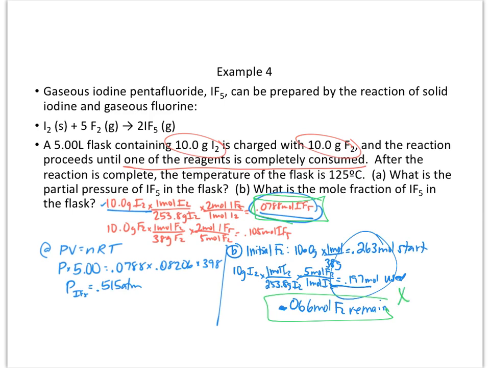So the mole fraction of IF5 is equal to moles of IF5, 0.0788 moles, divided by the total moles in the container, which is the sum of the 0.0788 moles of IF5 and the 0.066 moles of fluorine gas. So that's 0.1448 moles total. When I do that calculation, it is 0.544. There are no units with mole fraction because you're doing moles over moles. So that's that one.